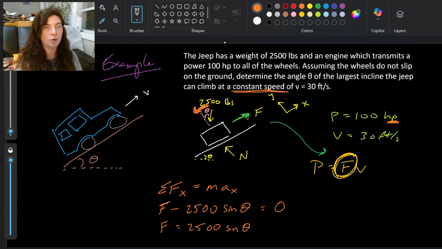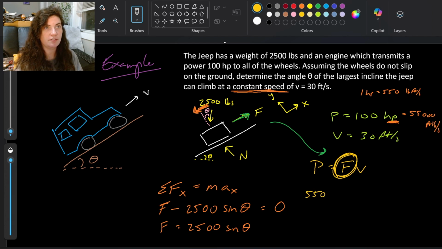I know 1 horsepower is 550 foot-pounds per second. So that means that my 100 horsepower is going to be 55,000 foot-pounds per second.